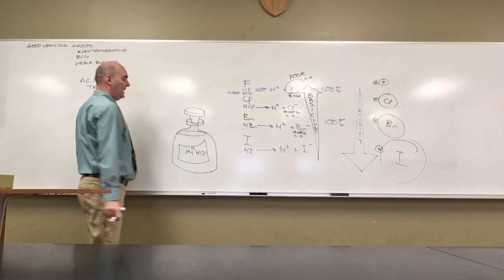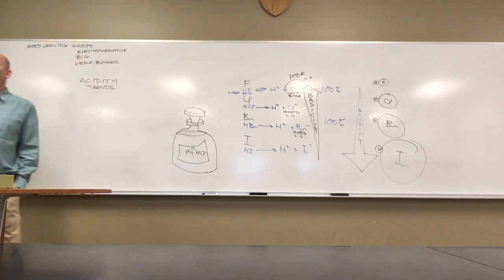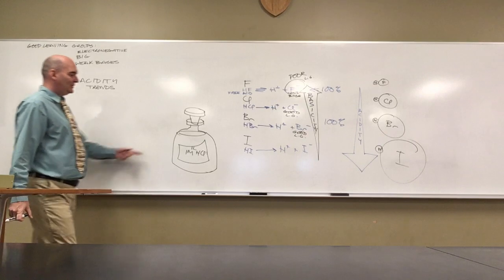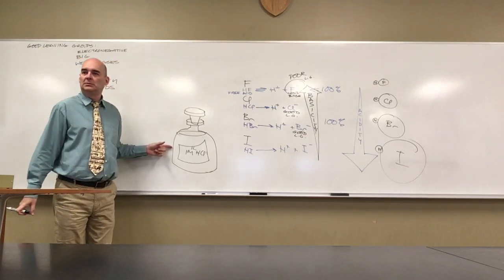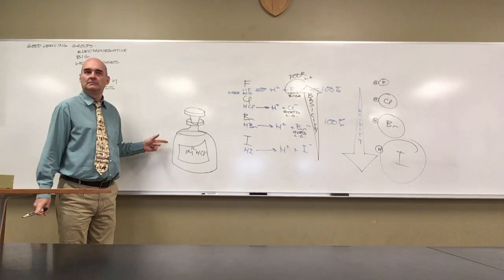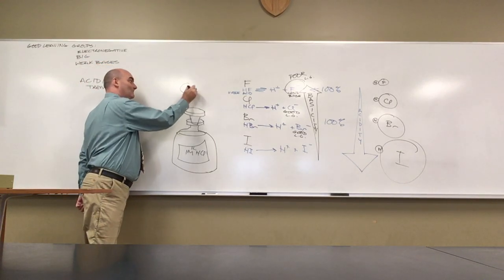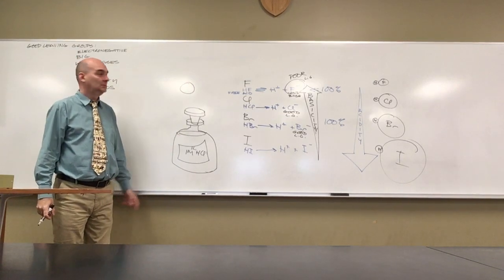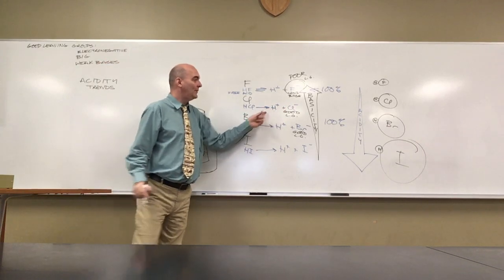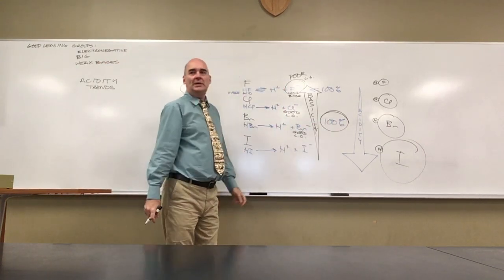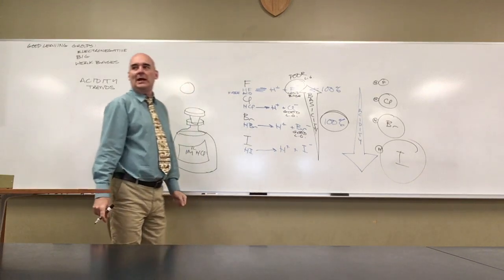And the label says that it's 1 liter of 1 molar HCl. How much HCl is inside the bottle? How many HCls are floating around inside the bottle? None. We just told you, it separates. We used the term 100%. There is no HCl in that bottle.